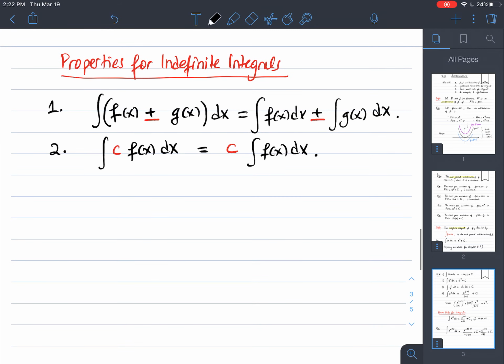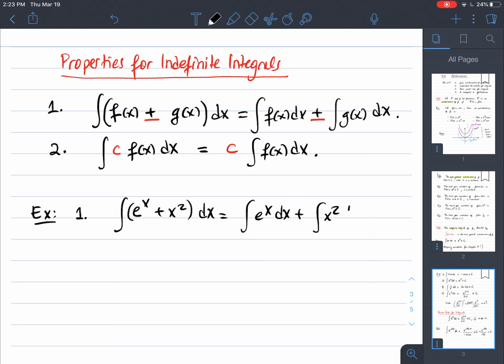Alright, so for example, now we can do more general examples than what we did before. So for example, if you have the integral of e to the power of x plus x squared, then this is the same as the integral of e to the power of x plus the integral of x squared.